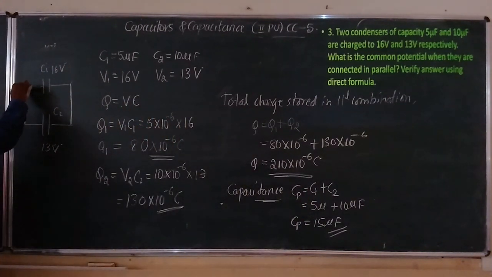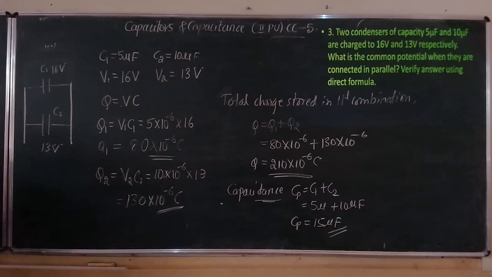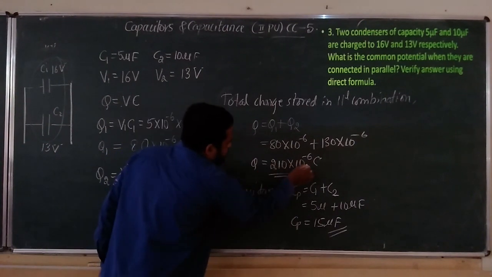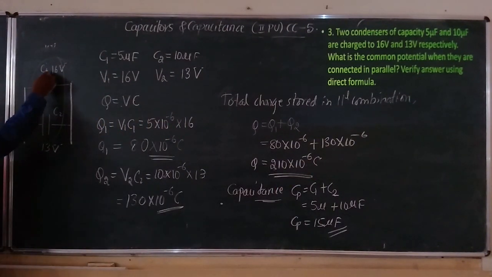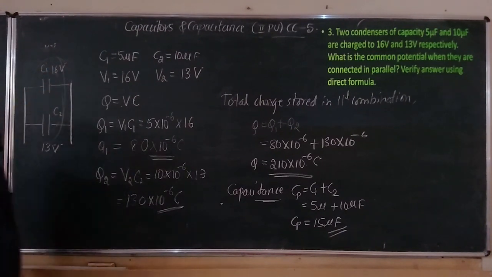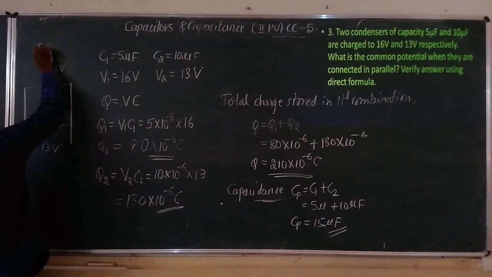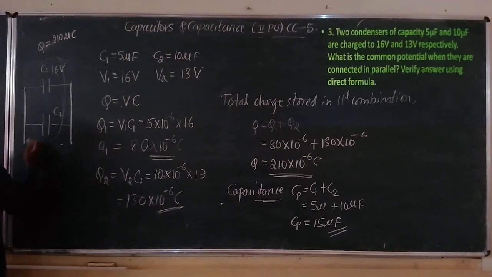So we connected these two capacitors in parallel. Total amount of charge stored in this combination is 210 into 10 to the power minus 6 coulomb, and the effective capacitance is 15 microfarad. So the charge Q is 210 microcoulomb, and total capacitance Cp is 15 microfarad.